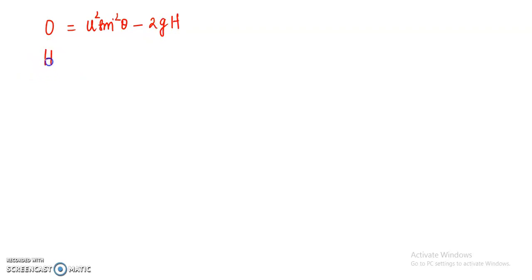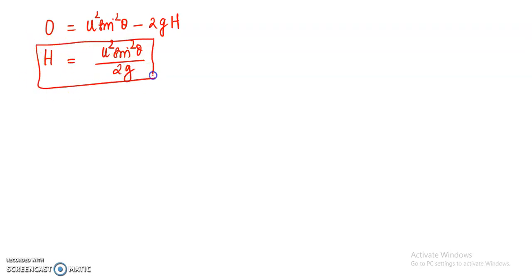So rearranging, we obtain h equal to u square sin square theta divided by 2g. This is the expression for the maximum height attained by the projectile during its motion.